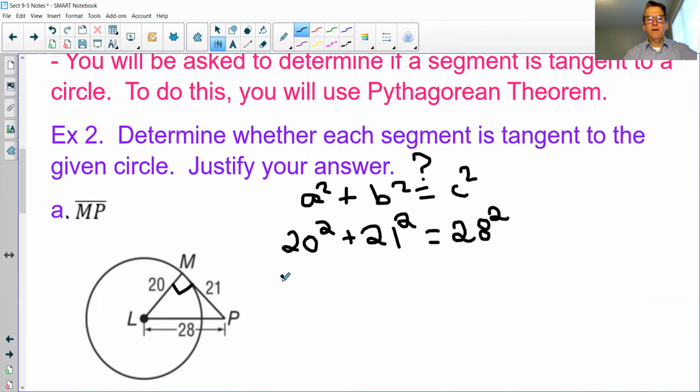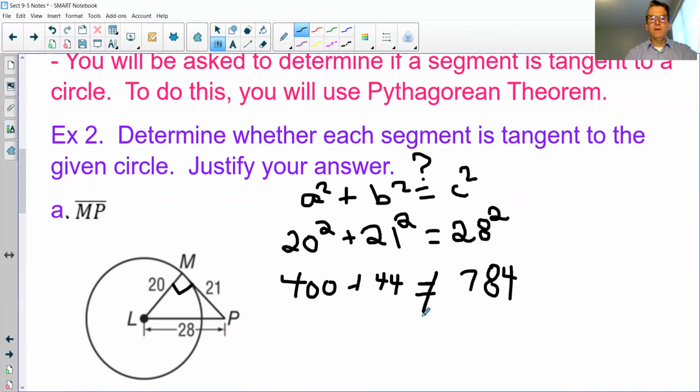So this is 400. 20 times 20 is 400. Then if you add that to 441, we're doing a test to see if it's equal to 28 squared, which is 784. Okay, so that is not equal to it.